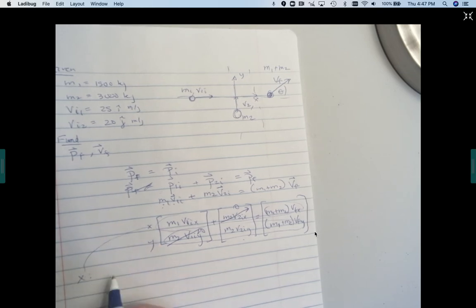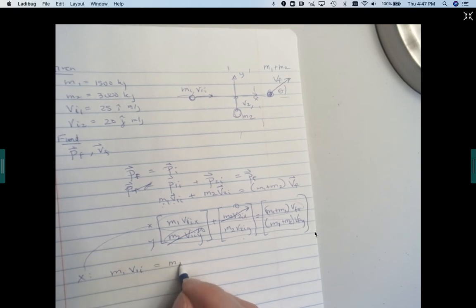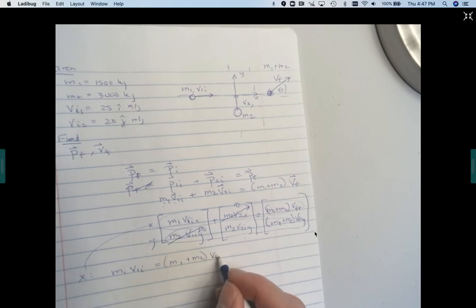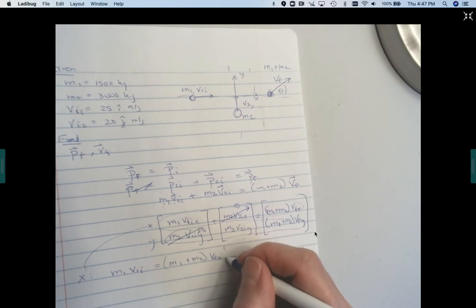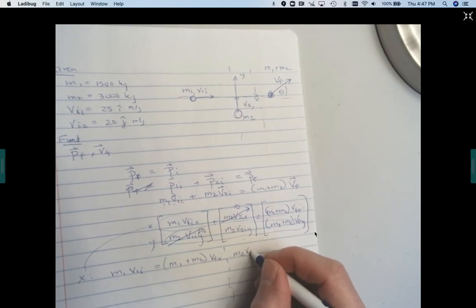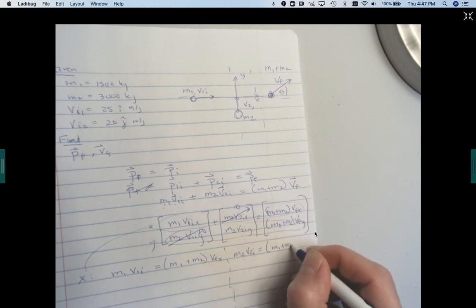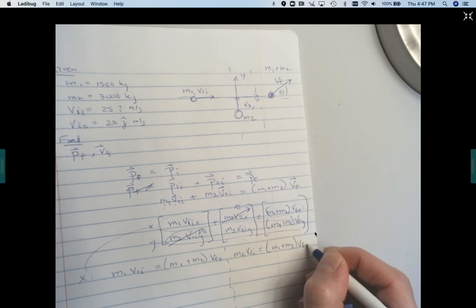So x says m1 v1 initial is going to be equal to m1 plus m2 v final x. So that's one equation. And then for y, we get m2 v2 initial equals m1 plus m2 v final y.